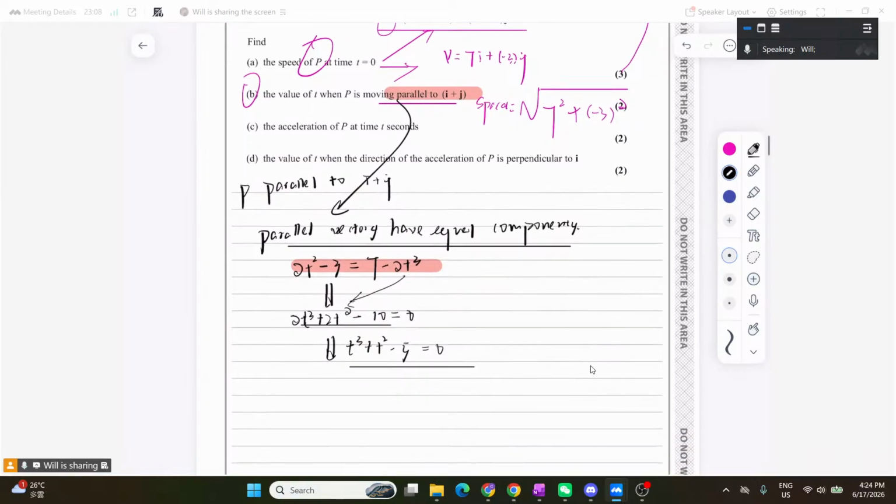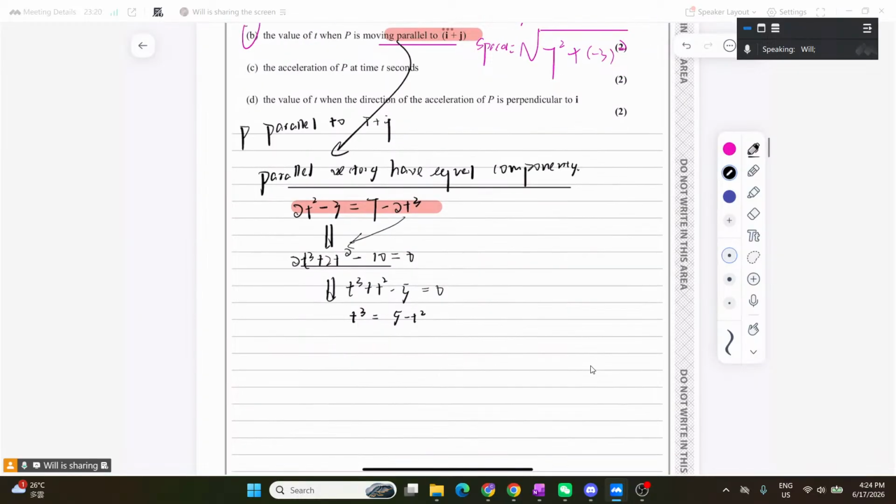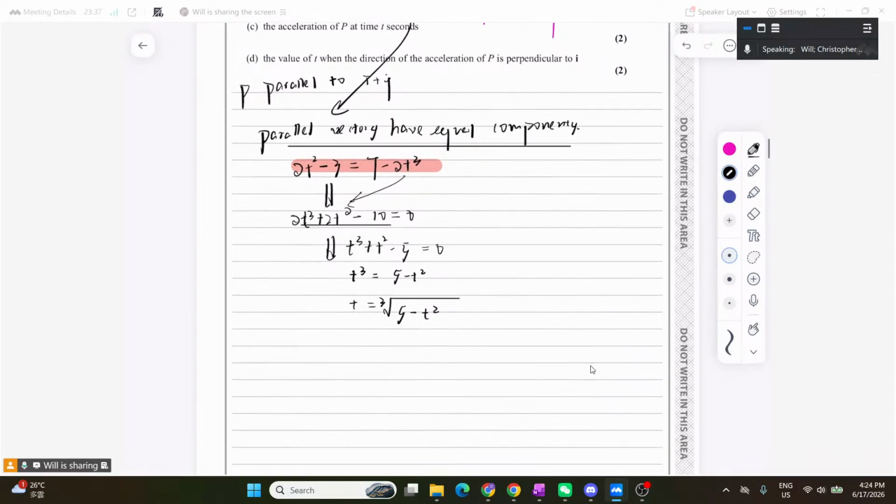If we take t cubed equal to 5 minus t squared, and take the cube root, we can use trial to check the answer.